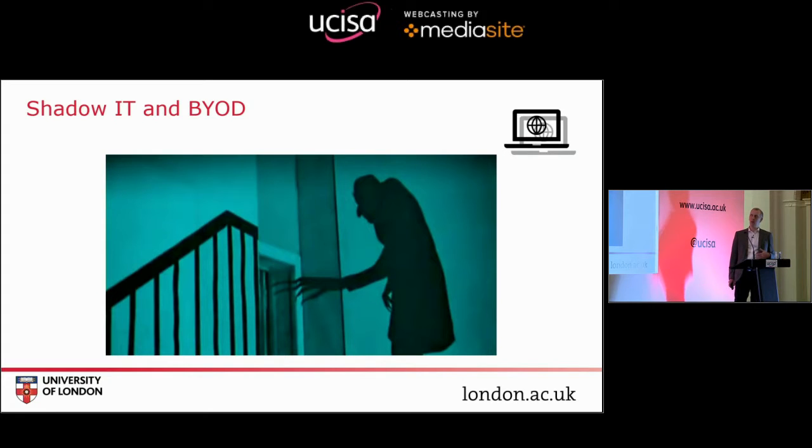So we don't end up with services being run from somewhere within the organization, and we've got no concept of controlling who's got access to the data that's been put into those services and who the users are. We want to avoid having a department saying, oh, we'll look after this ourselves. What we want them to do is to start authenticating against a central service so that when we know people leave, we can close down their access in a controlled way, as an example.